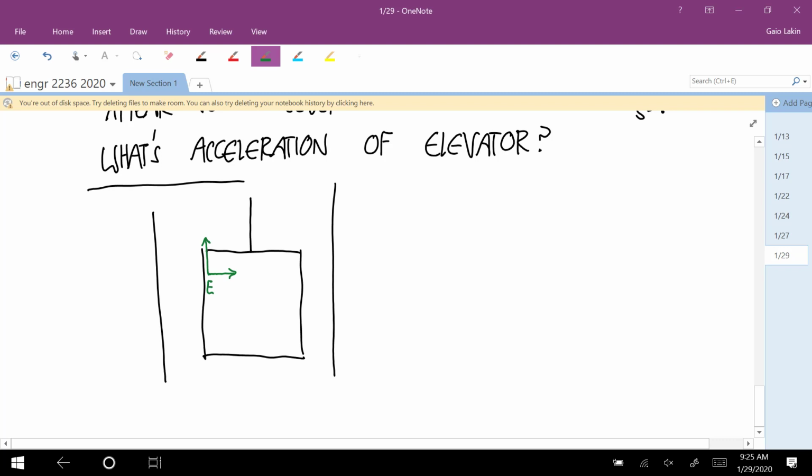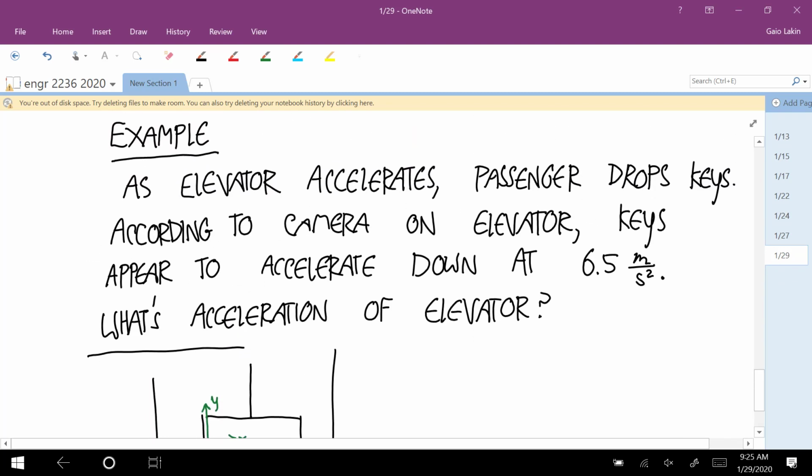And that's moving with the elevator. Okay. And then fixed to the ground is another.